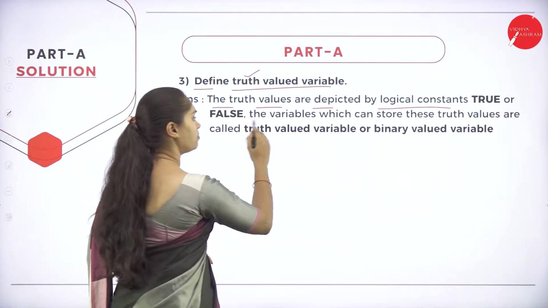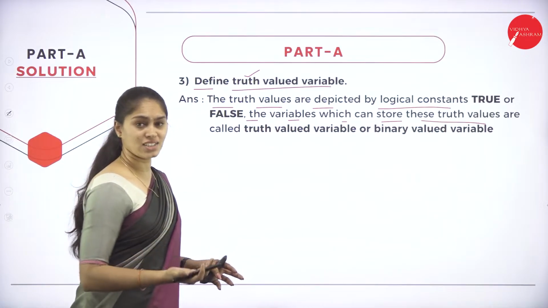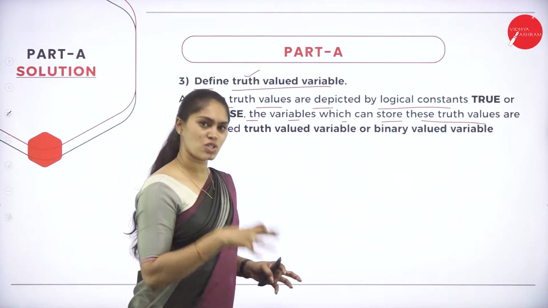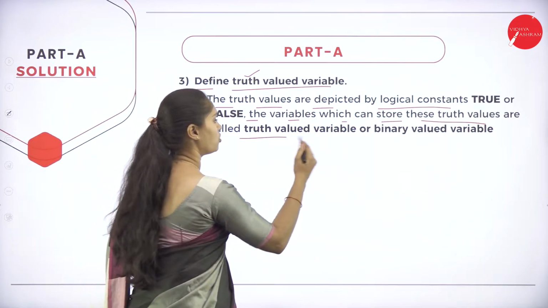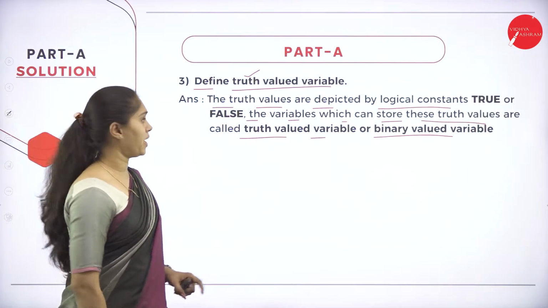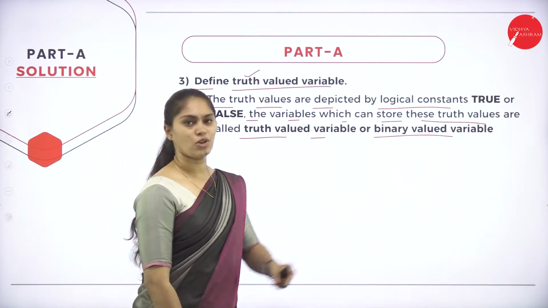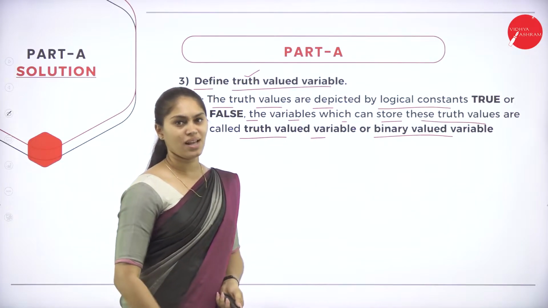The variable which can store these truth values, either true or false, is considered a truth valued variable or binary valued variable. You can also expect the binary valued variable, which is the same as this truth valued variable itself.